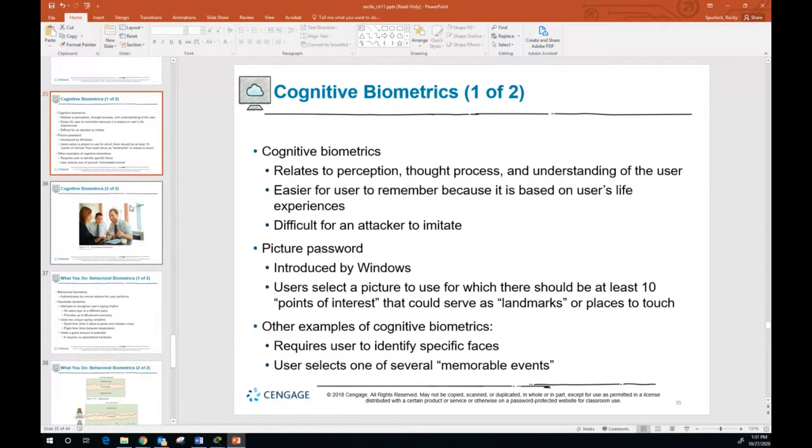What this did, it let the users select a picture to use, which should have at least 10 points of interest that can be used to serve as landmarks or places to touch. Some other examples of cognitive biometrics may require the user to identify specific faces, or the user selects from several memorable events.